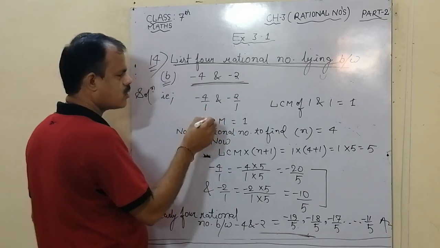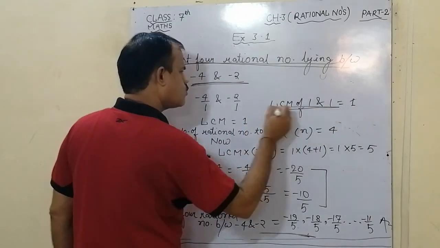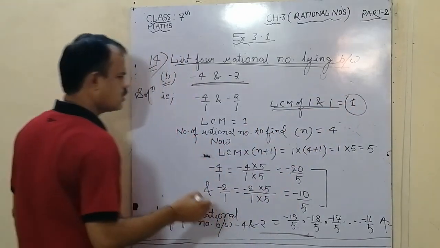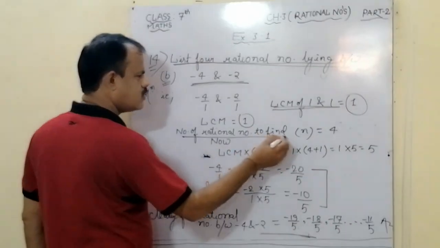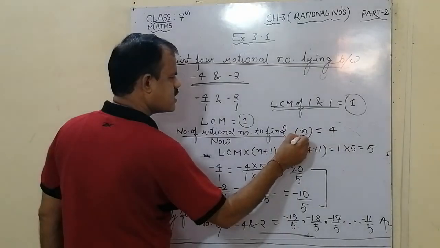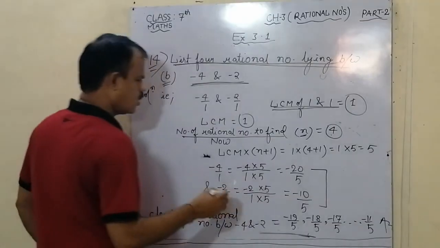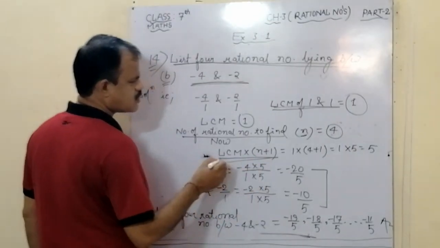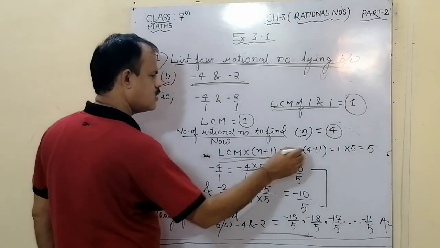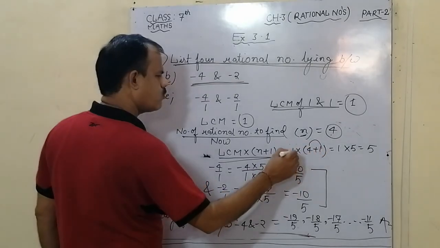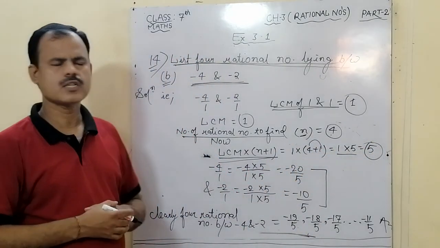We find the LCM of the denominators. The denominators are 1 and 1, so the LCM is 1. How many rational numbers do we have to find? That is 4. So this is n, the number of rational numbers to find, n is 4. Now you have to multiply this LCM into n plus 1. So LCM is 1, n is 4, 4 plus 1 is 5, 1 into 5 is 5. So LCM into n plus 1 is 5.